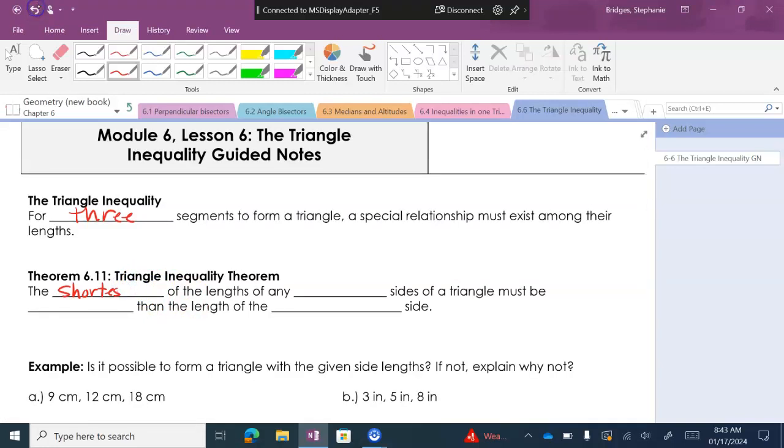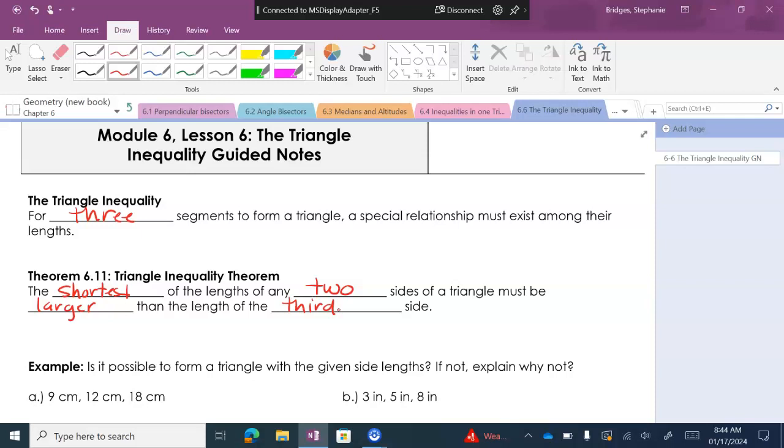The shortest of the lengths of any 2 sides of a triangle must add to be larger than the length of the third side. Okay? So the 2 shortest lengths of a triangle must add to be larger than the third side in order to be able to form a triangle.